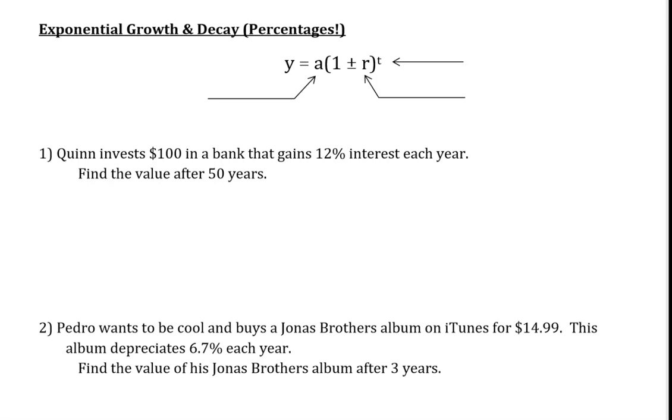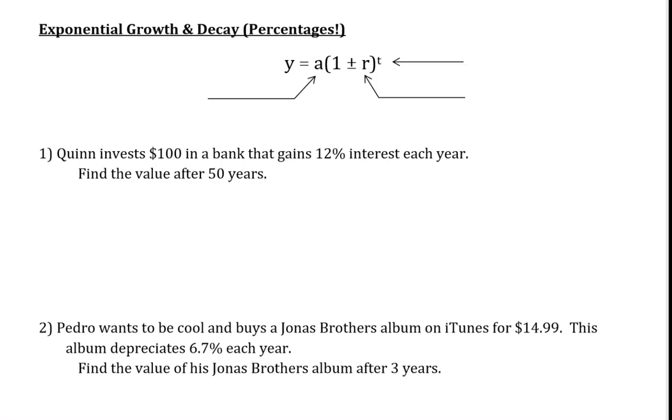Hey guys, we are going to continue to work on application problems for exponential growth and decay, but this time the problems will have percentages. Okay, so first let's start by labeling each variable in the equation. We have y equals a parentheses 1 plus or minus r close parentheses to the power of t.